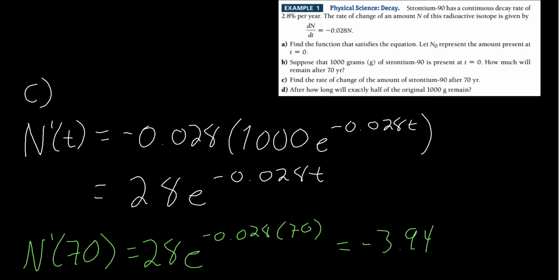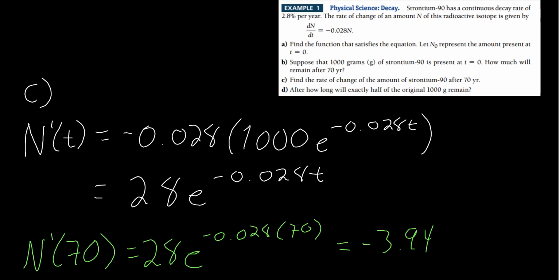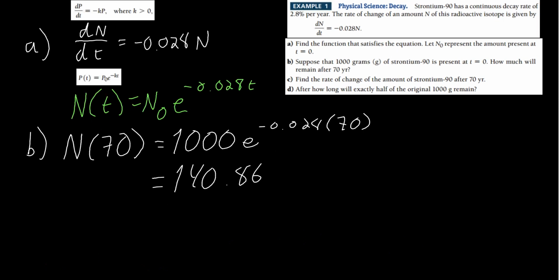Lastly, D reads, after how long will exactly half of the original 1,000 grams remain? All right. So in order to figure this out, we have our function, n of t.